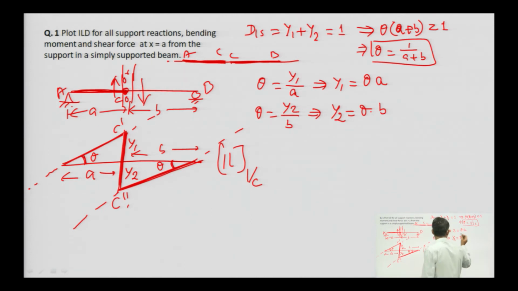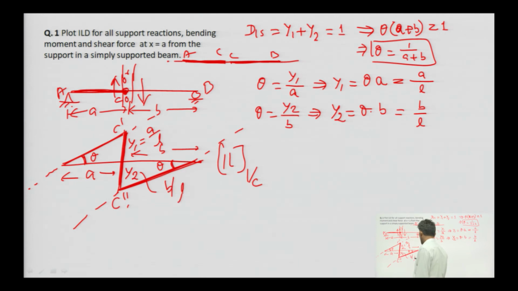Okay. So, put the value of theta here to get the value of y1. What is that? a upon a plus b is what? L actually. It is a by L. So, y1 is a by L and y2 is b by L. Okay. This is positive, this is negative. Positive shear force, negative shear force. Clear to you?